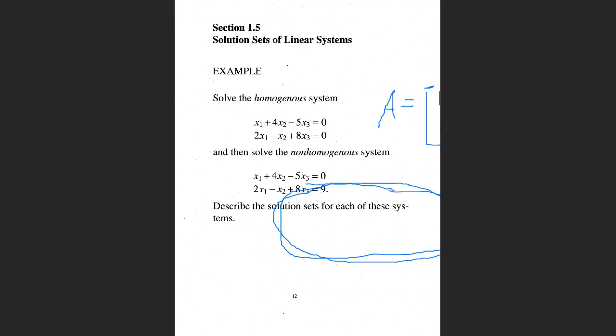Good. And that's right, homogeneous: Ax equals 0. Now, is that perfectly right, what I wrote there? Or is there something missing?